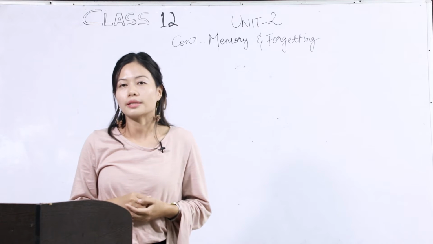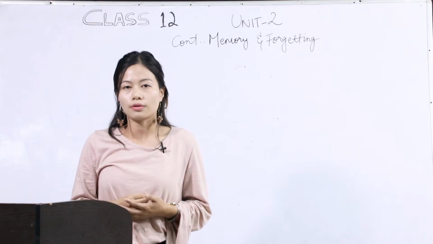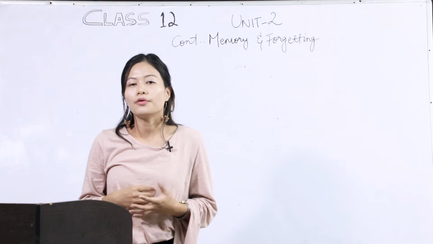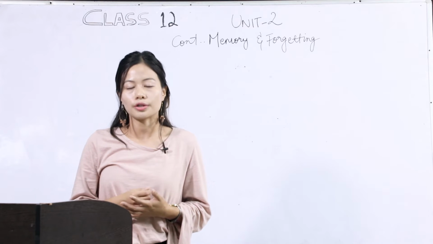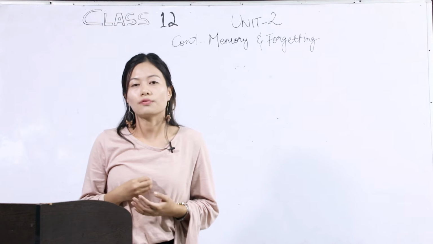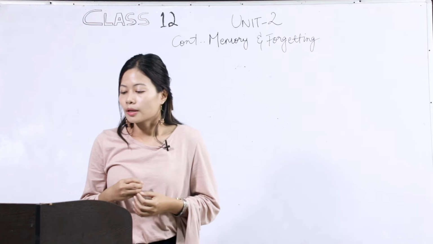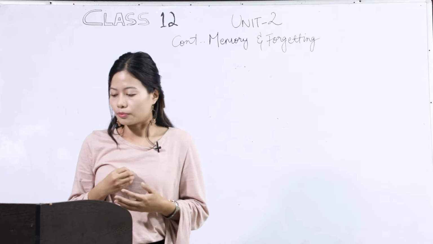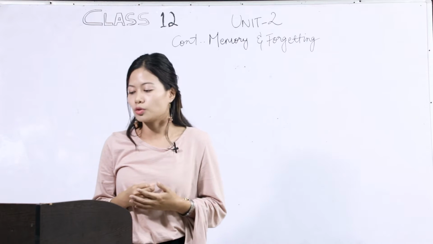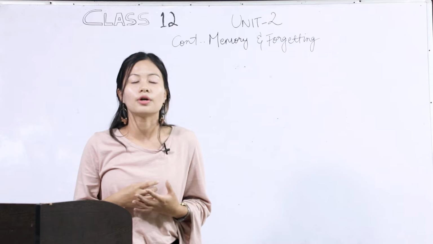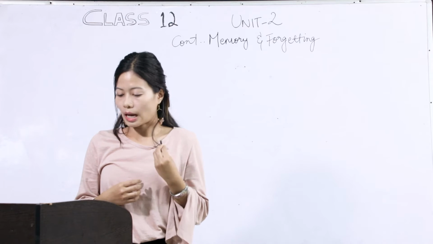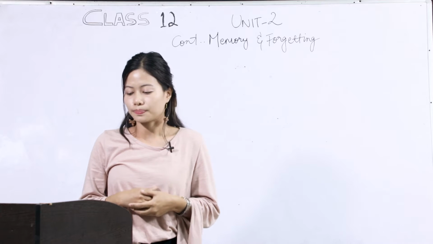The keyword method is very useful to remember vocabulary words, and for the method of loci, the word loci means places. This method is a great way to remember items in a serial order.